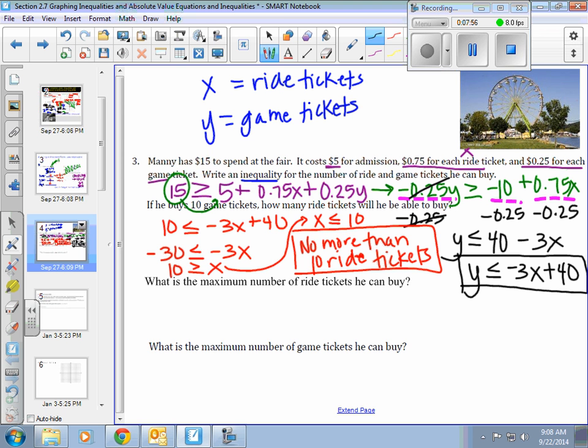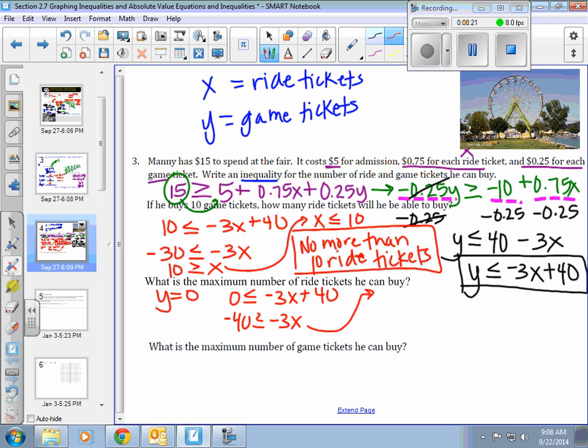Then it says, what is the maximum number of ride tickets he can buy? Well, to buy the max number of ride tickets, that means he's going to buy 0 game tickets. So it's when his game tickets is 0. So I plug in 0 for y. Once again, I subtract 40 to the other side, so I have negative 40 less than or equal to negative 3x. And then if I divide by negative 3, my inequality sign flips.